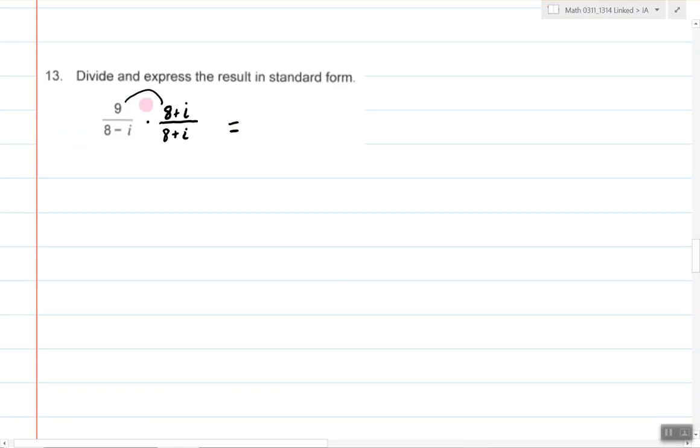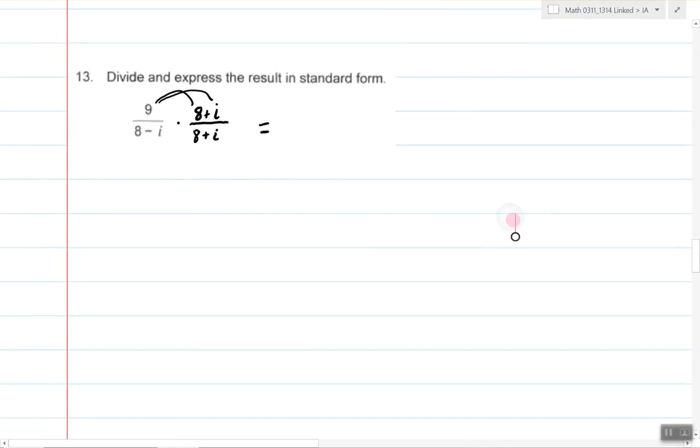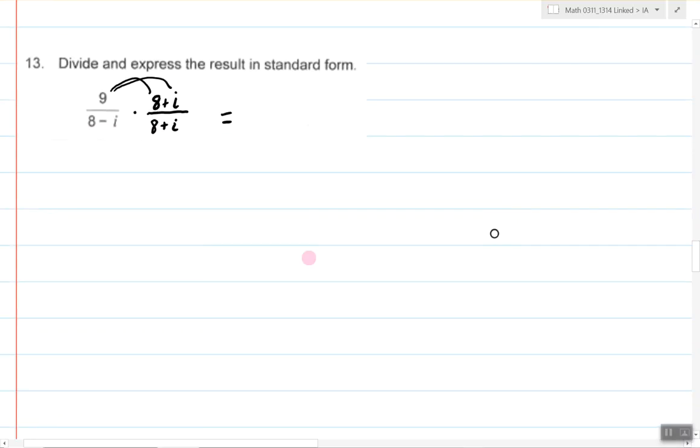This numerator product is distributive property. 9 times 8 is 72, plus 9 times i is 9i, over. Now this denominator will not only become real, it will become rational. So I will multiply the first for 64.